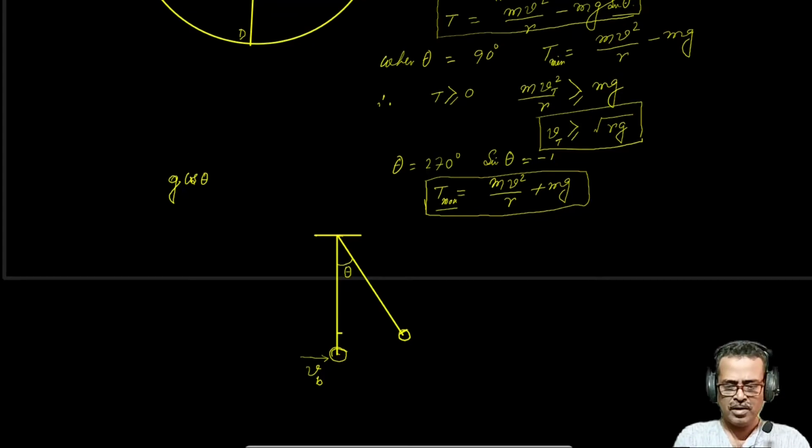Now, at this position, the gain of potential energy is equal to mgh. Here the kinetic energy at this point is equal to half m v0 square, I am considering this is v0, that is initial.